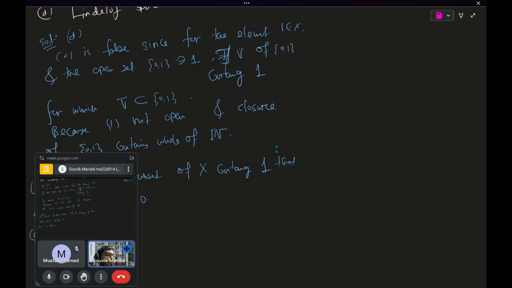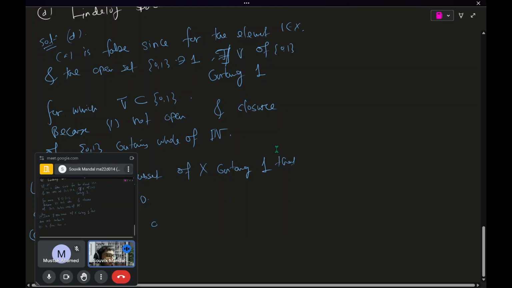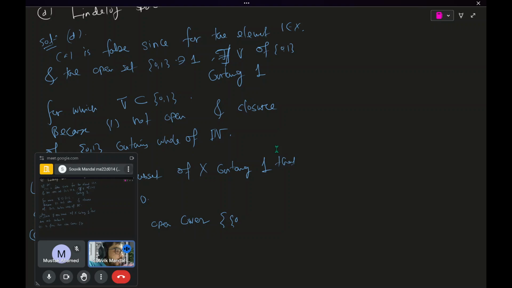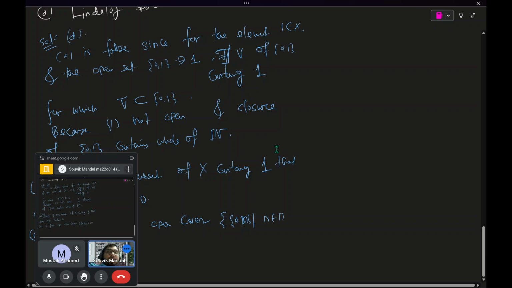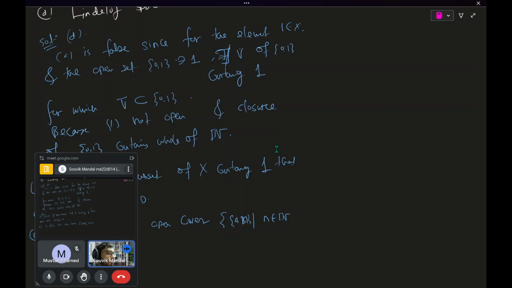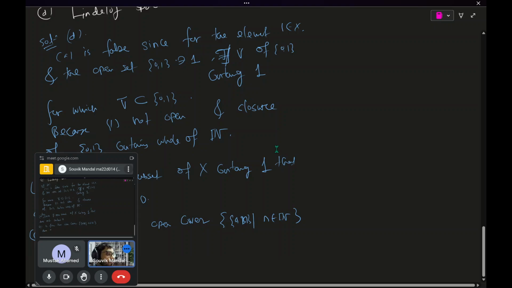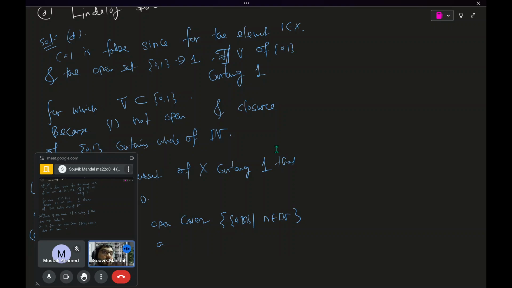Because the open cover of doubletons {0, n}, n belonging to N, does not have a finite subcover.